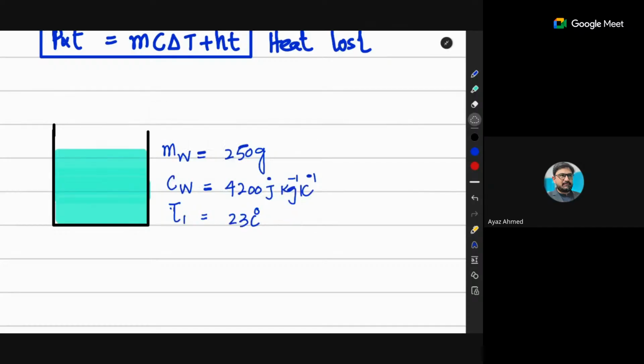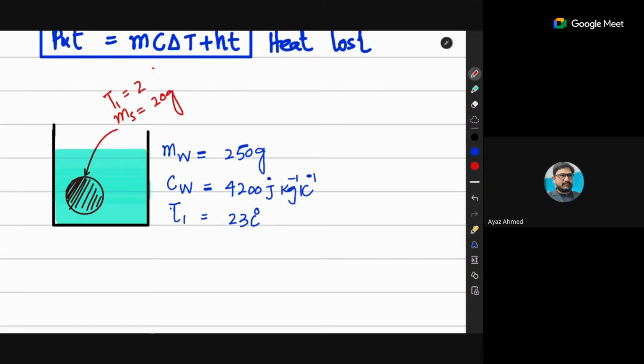Now, in this water, I placed a hot sphere of some mass. The mass of this sphere is equal to 20 grams. Its initial temperature is 100 degrees centigrade, rather, because it will not melt, we can write more than that.